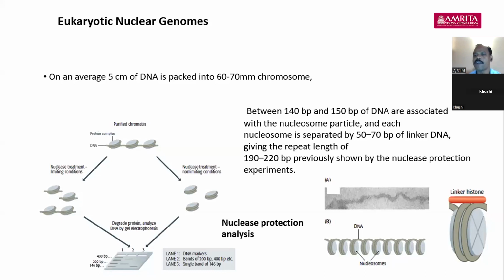You can see that red protein, which is called the linker protein. The linker protein is not directly associated with the histone. Rather, it helps to stabilize the nucleosome. So those proteins are called non-histone proteins. I hope your query is cleared.